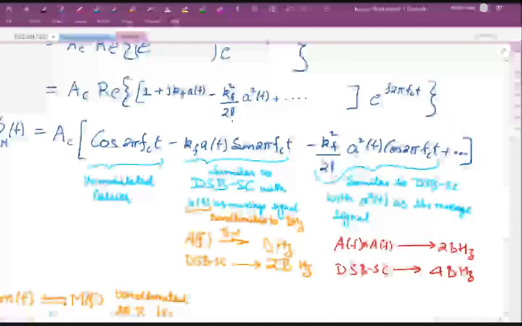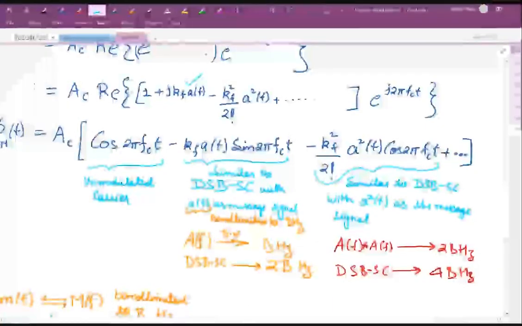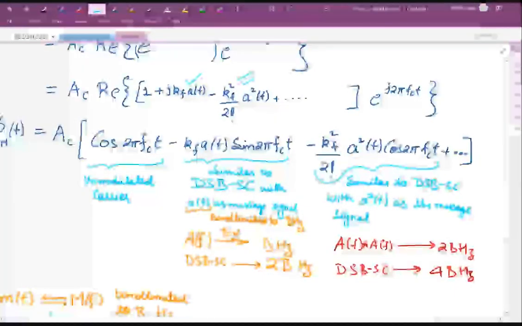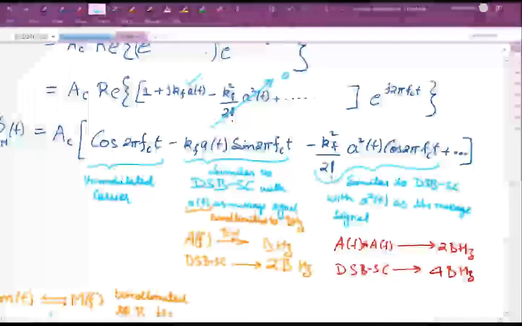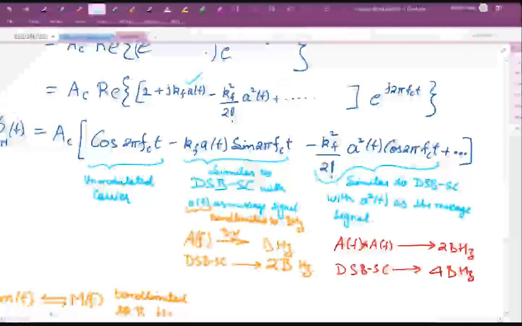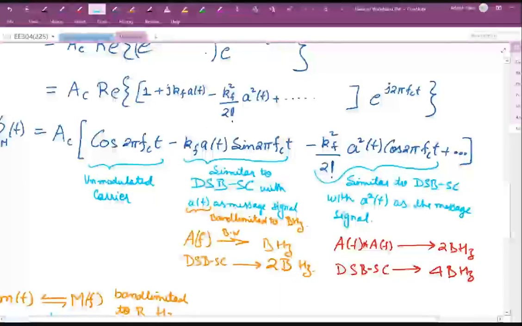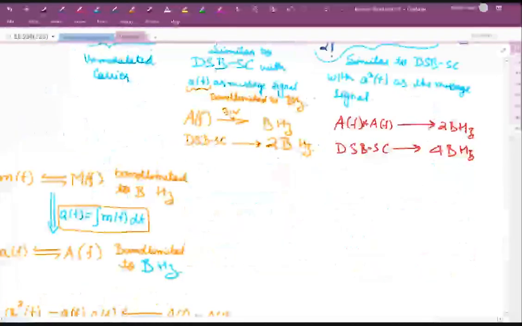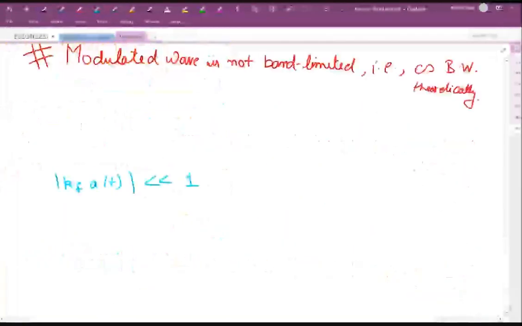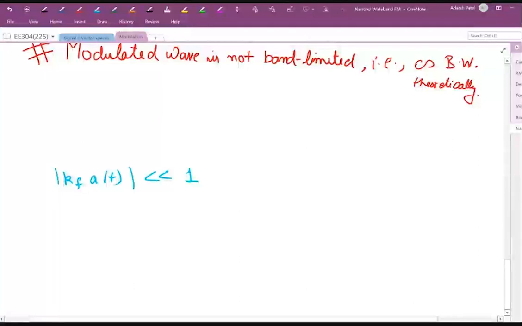I will only consider this term, and all these higher order terms I can assume to be going to 0. Okay, so if I do that, then in that case, what is now the equivalent phi fm signal?